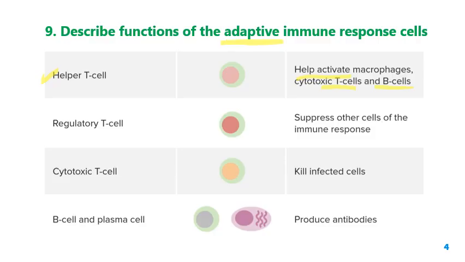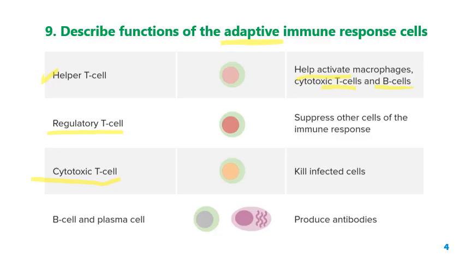Then you have your regulatory T cells. Remember, that one suppresses every cell that it comes across. They secrete suppressor cytokines. Then you have your killer cells, your cytotoxic T cells. These are going to recognize things that are part of intracellular pathogens present in other cells, like infected cells.